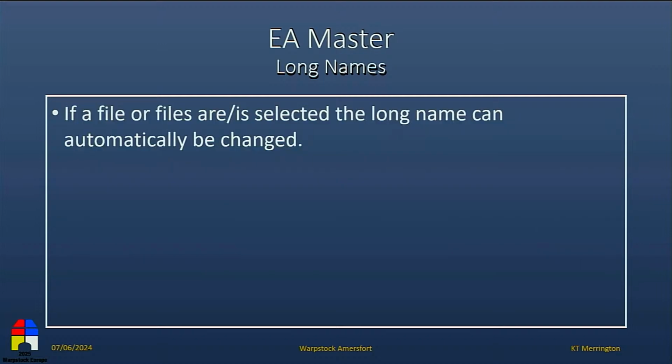So with this program, if you select them, you can automatically rename them to the real name. It has a backup in as much that if you change the long file name, it creates an extra EA with the old long name, so you can always go back on any file to its original long name before you changed it. Belt and braces.